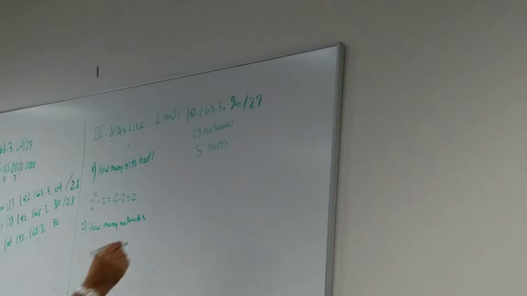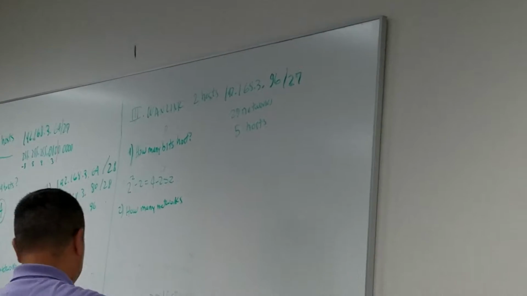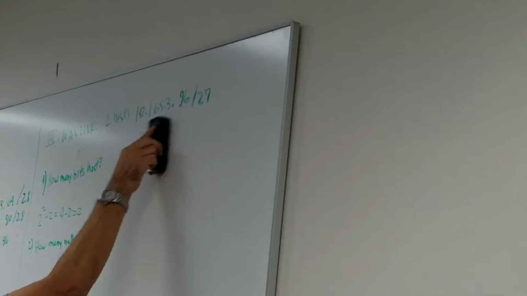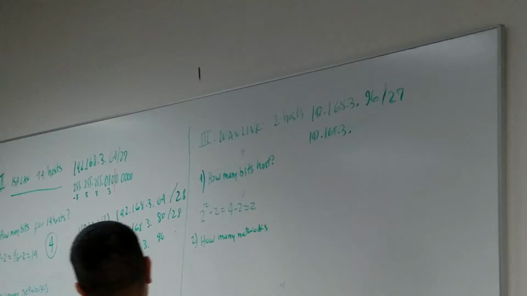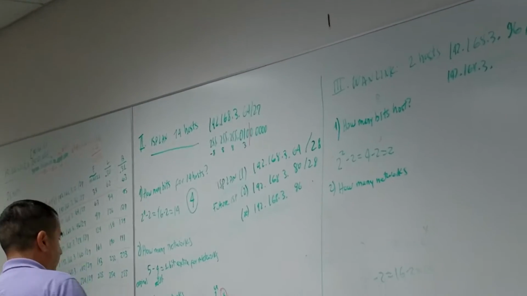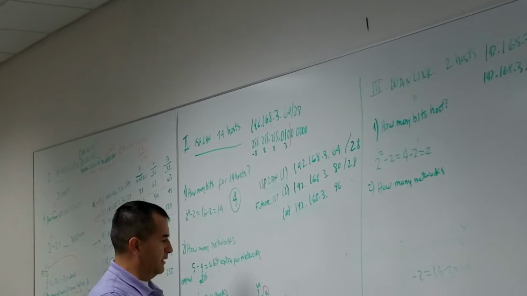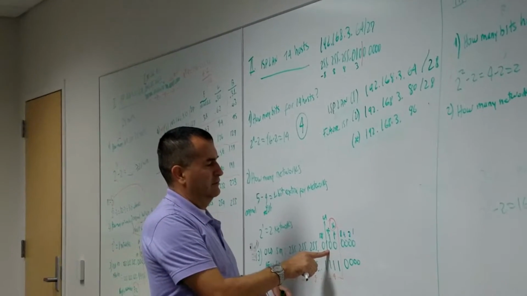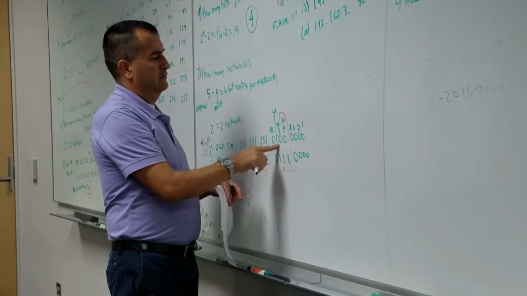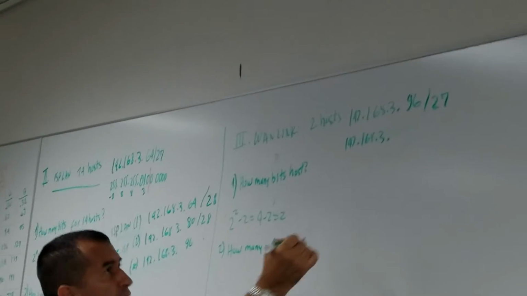Let me put it here in binary. All right. 192.168.3. Okay, 96 is gonna be, 96 is gonna be what? 0, 1, 1, 0, 0, 0, 0, 0, right?